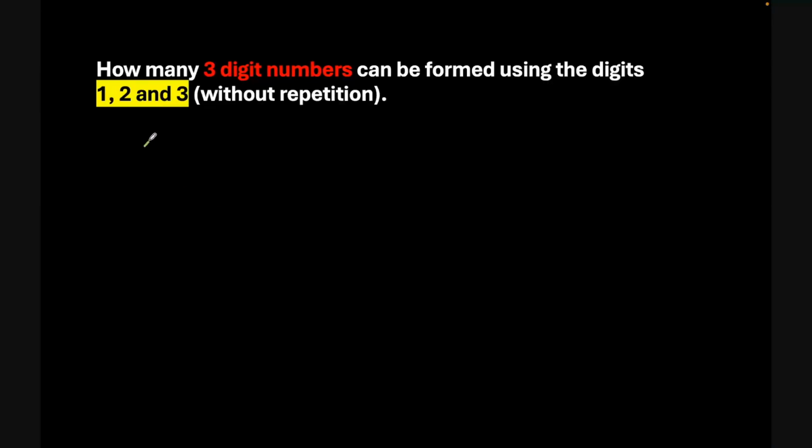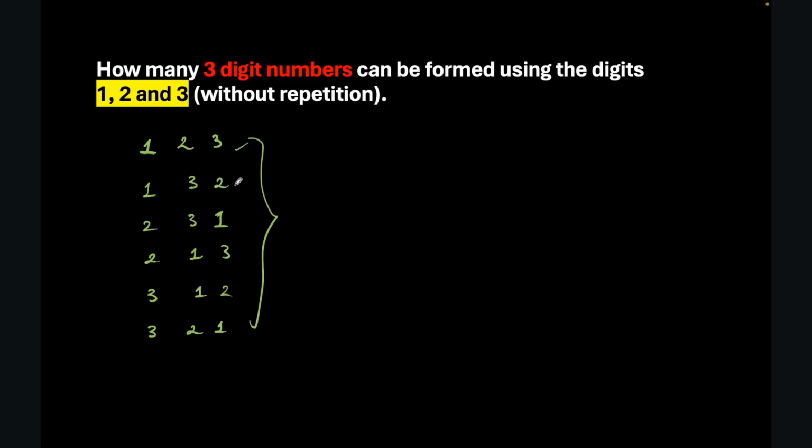So we have 1, 2, 3; 1, 3, 2; 2, 3, 1; 2, 1, 3; 3, 1, 2; and 3, 2, 1. In total, 1, 2, 3, 4, 5, 6. 6 ways.